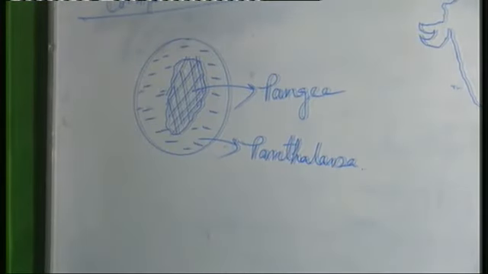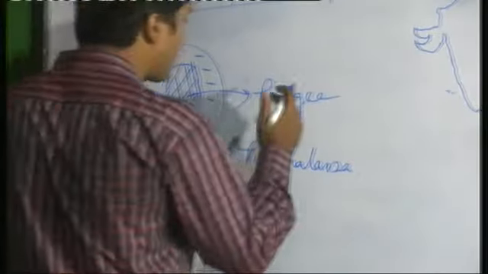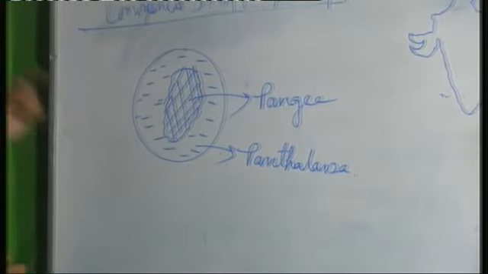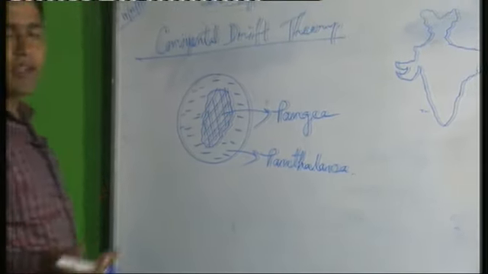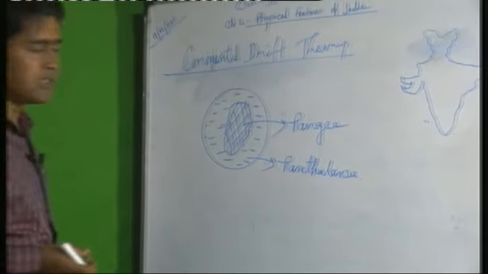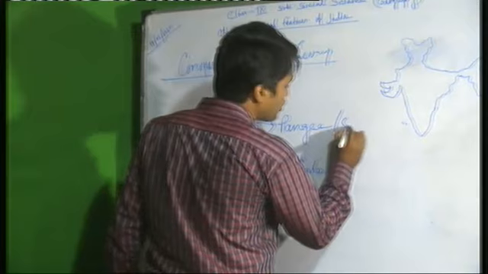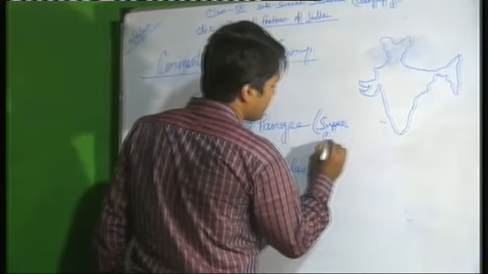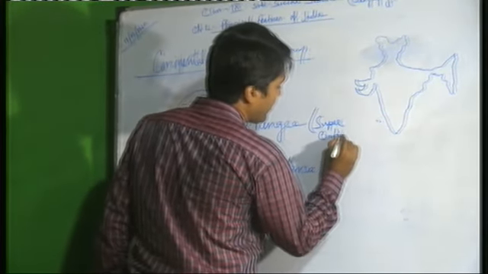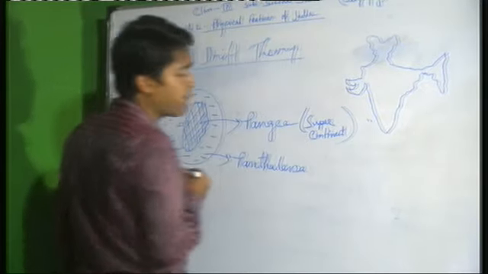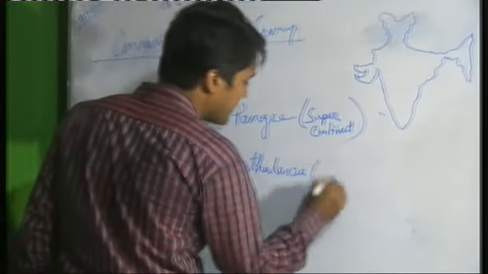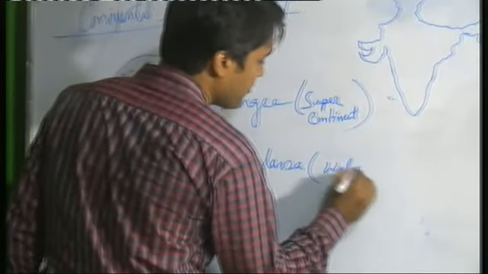Pangea and Panthalassa, these two concepts are very important, also for the formation of our country as well as the different continents. Pangea is a supercontinent. Continent means the landmass, and Panthalassa is the water body.